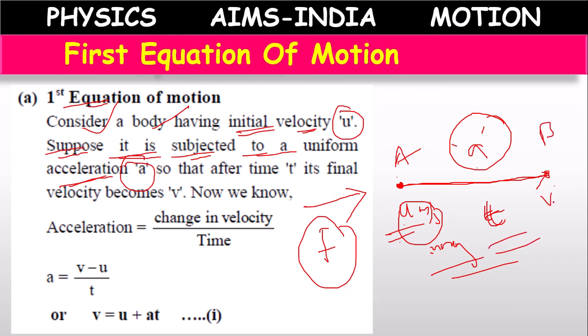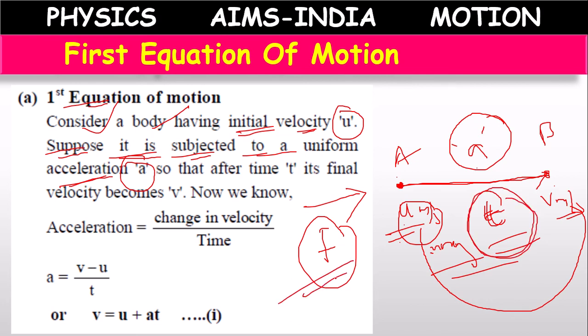There its velocity may be v meter per second. The velocity changed from u meter per second to v meter per second in a time period of t because of force F, which has created acceleration a in the body. Suppose this is the condition that happened. Now what is acceleration?